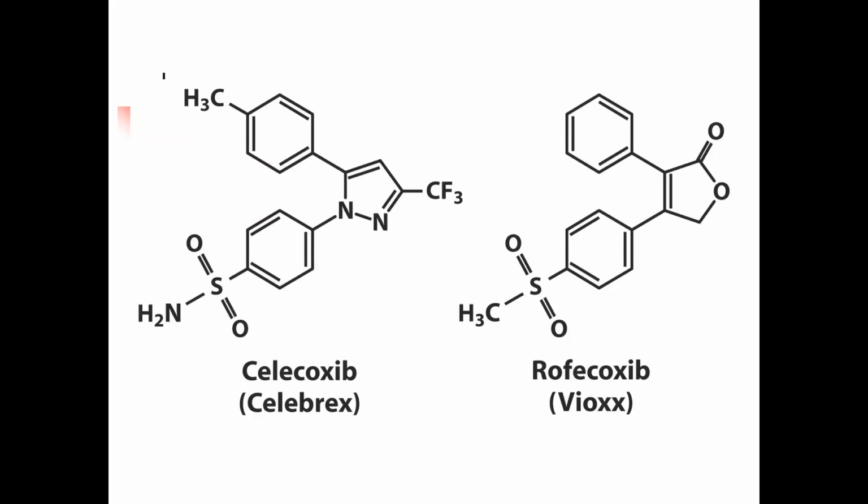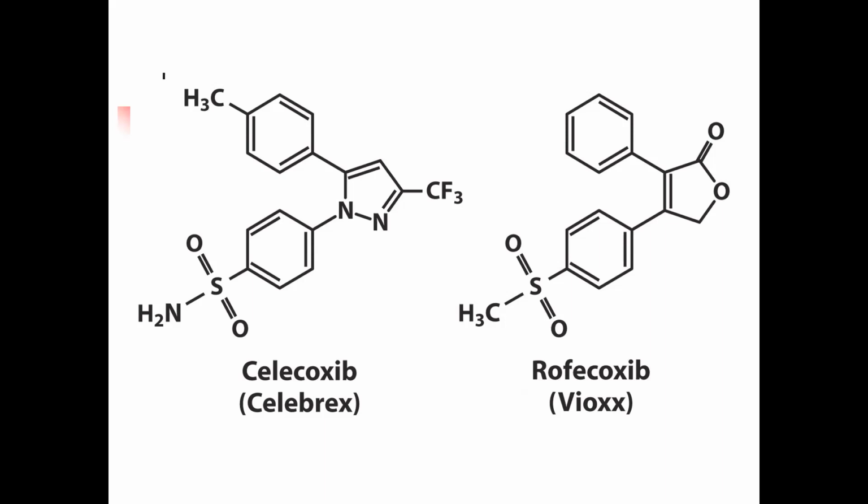These two drugs are specific inhibitors of a specific form of cyclooxygenase. Cyclooxygenase actually comes in a form that's expressed everywhere. It's called COX-1. So this is a housekeeping enzyme.